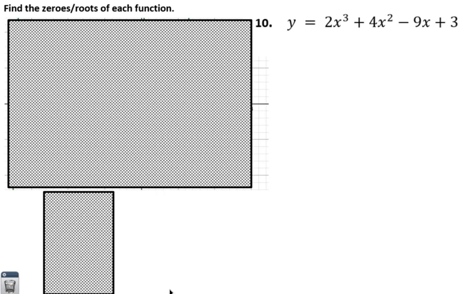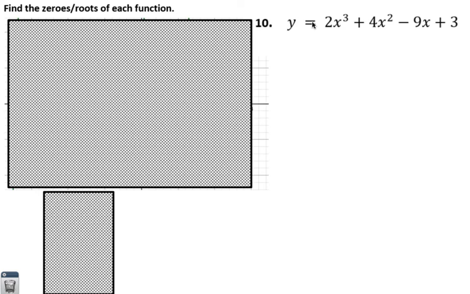Okay, number 10. Same directions. Find the zeros or roots of each function. Well, look. All this time, you should have been looking to try setting equal to 0 and factoring, because who knows if the graphing calculator was going to tell you all of the actual zeros, because there were a lot of imaginary zeros, a lot of irrational zeros with square roots.